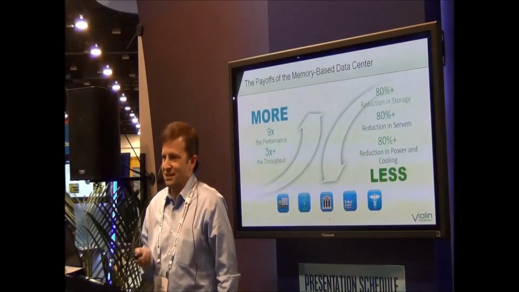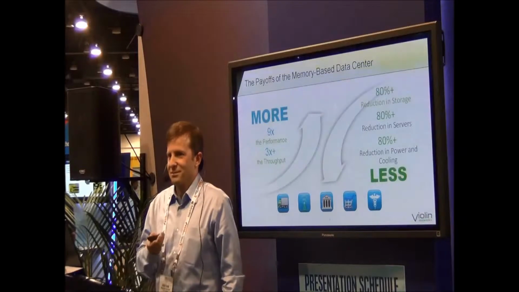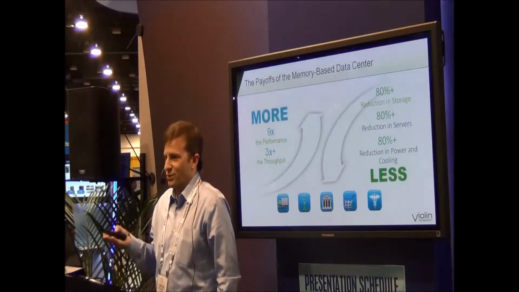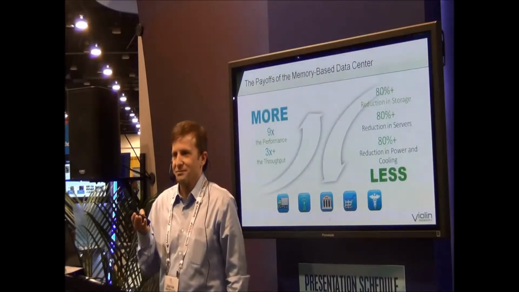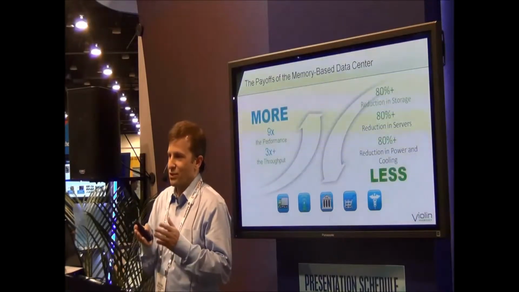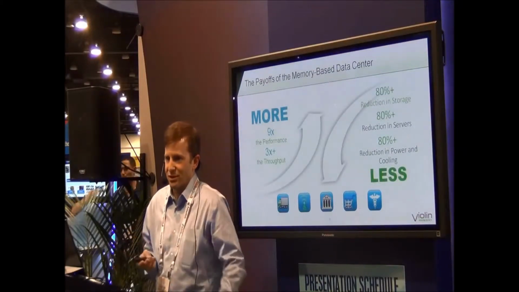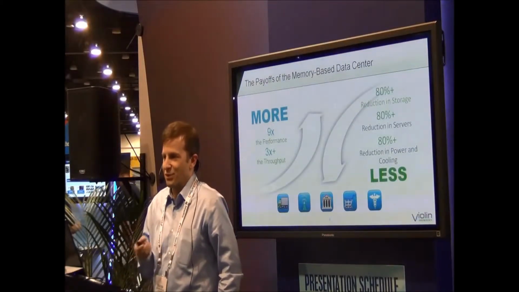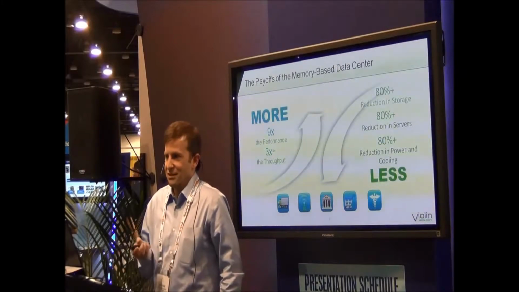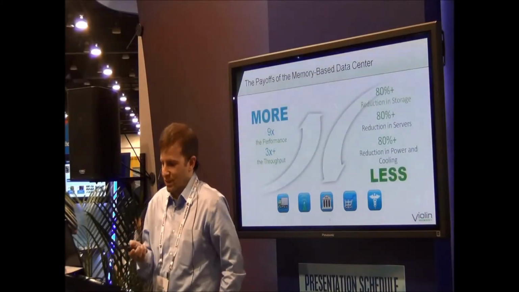Another nice thing is it's also fewer software licenses. If I had to buy a whole bunch of server licenses for some database because I was working around the I/O latency problem, but now each server does more work per unit time and I have fewer servers, then I need fewer licenses to cover those servers. Often that pays for a much more expensive storage system, even more than we charge you, just from the software licenses.